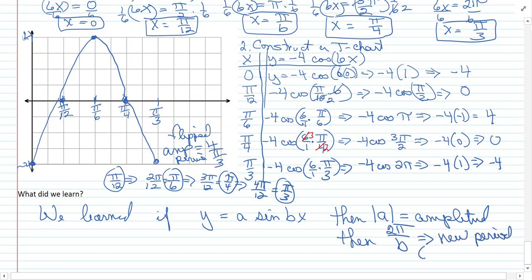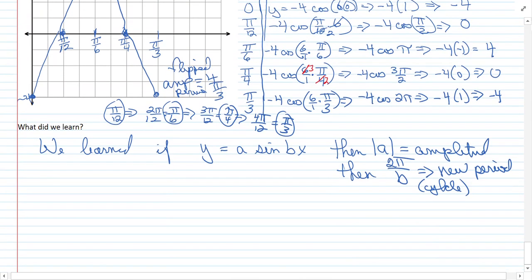And the period means cycle. All right, and we learned it for y equals a cosine bx, because they're both a period of 2 pi.